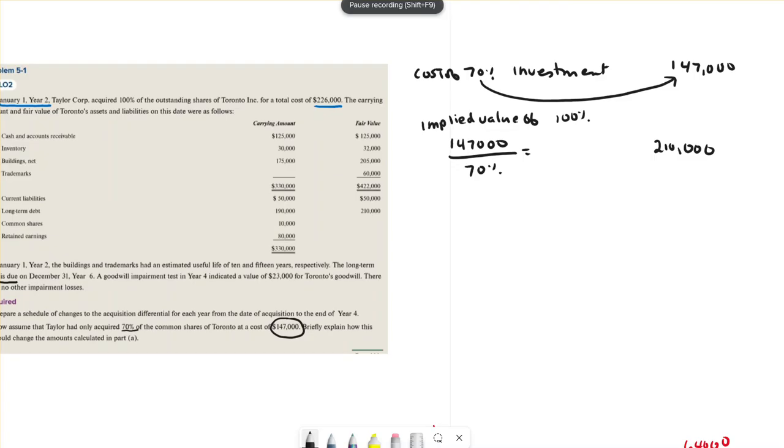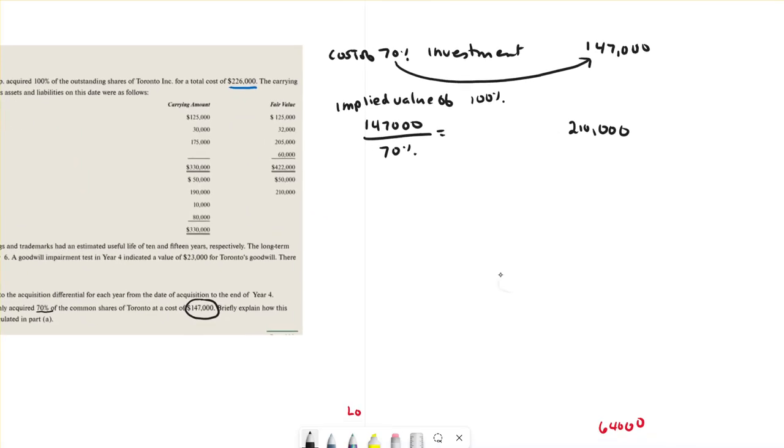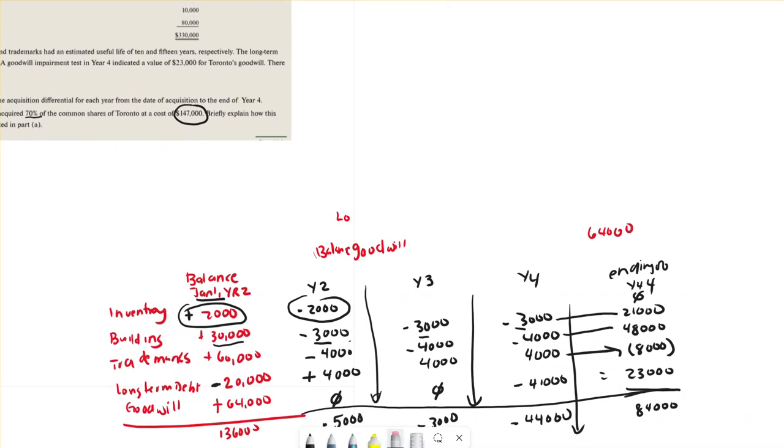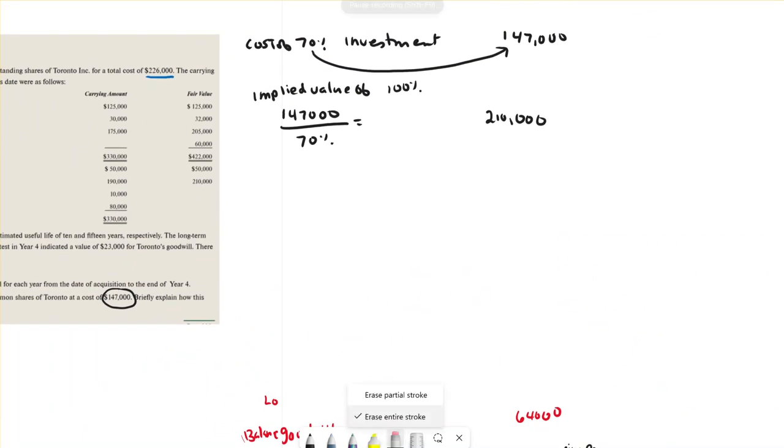If the implied value is 210,000, I erased everything, but that's all right. I'm going to leave this here. So that is the value. The difference between the both, 147,000 minus the, I need to get the calculator to get the number.